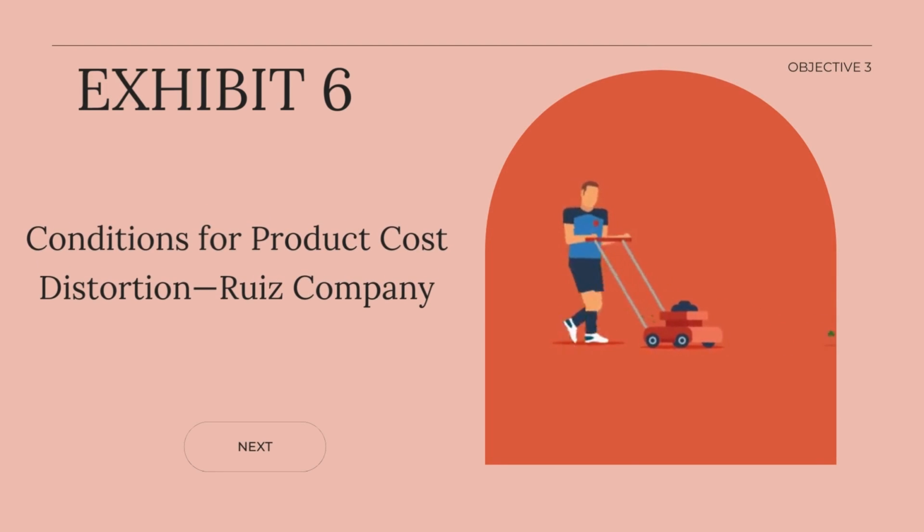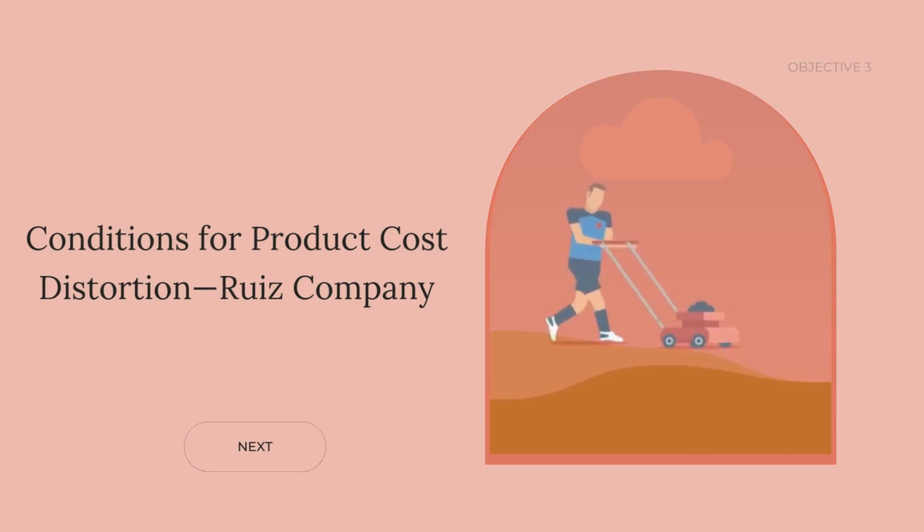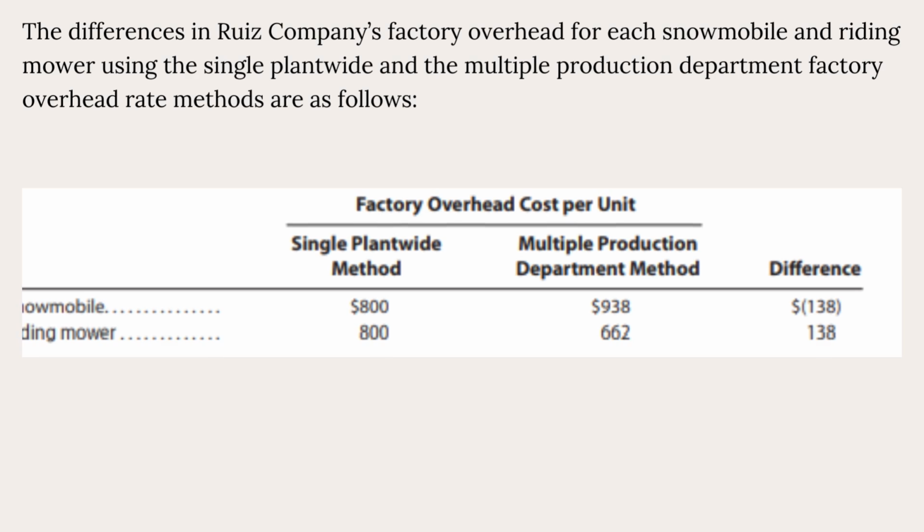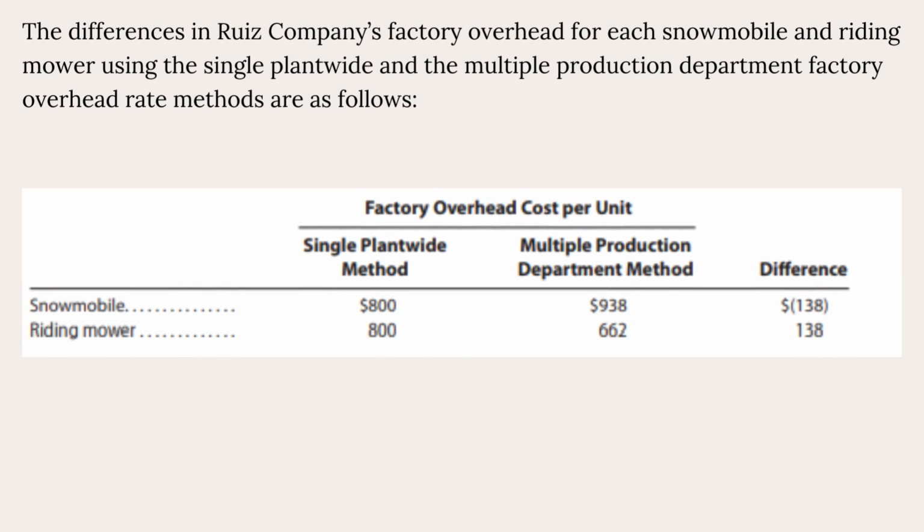Exhibit number 6 shows the conditions for product cost distortion for Ruiz Company. The differences in Ruiz Company's factory overhead for each snowmobile and riding mower using the single plant-wide and multiple production department factory overhead rate methods are as follows.